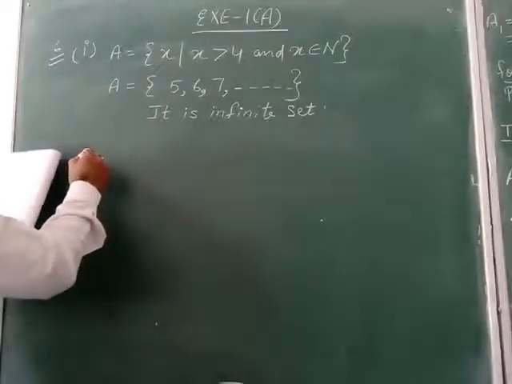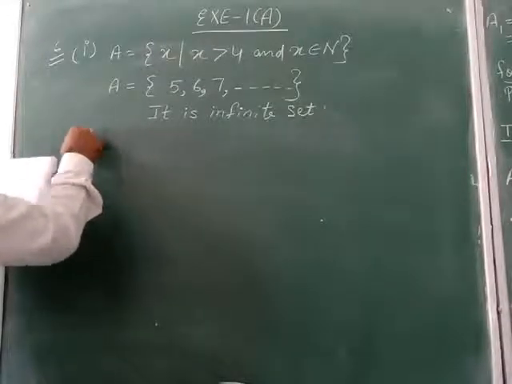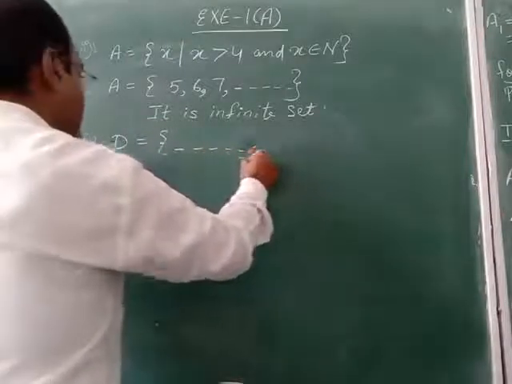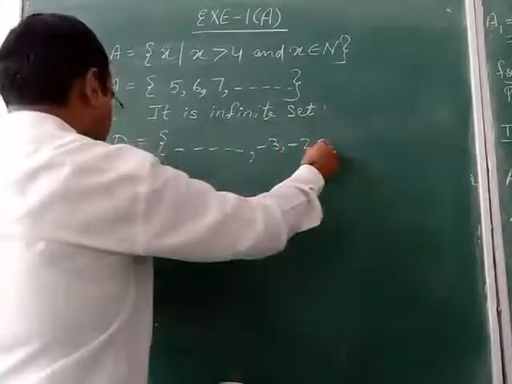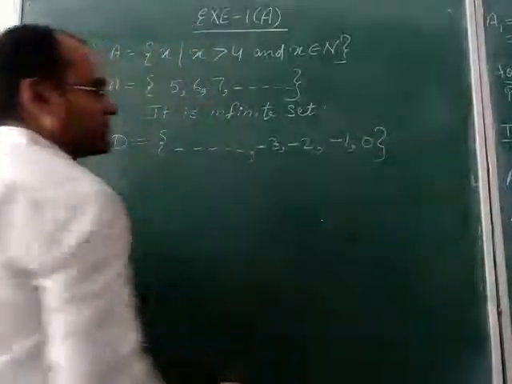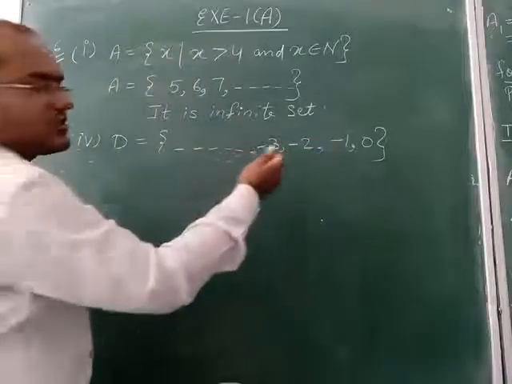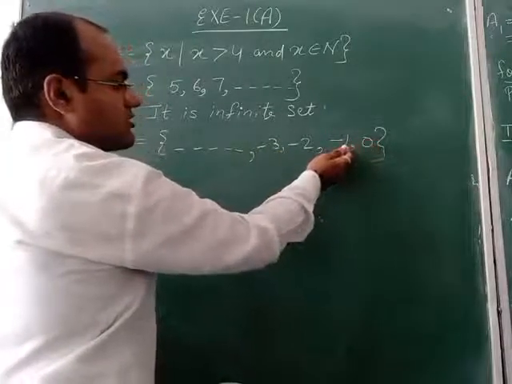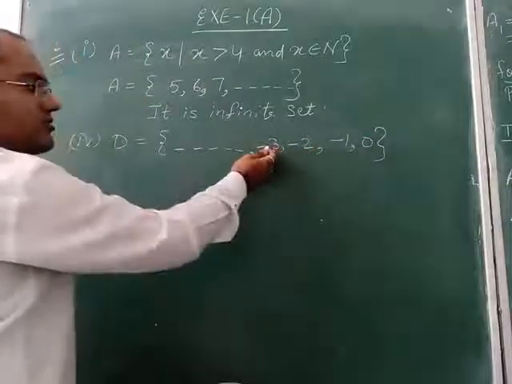Now see another part, part number 4. In the 4th part, set D is given: dash dash dash, -3, -2, -1, 0. Here you are observing all these numbers are less than 1. 0 is less than 1, and these all are less than 1.